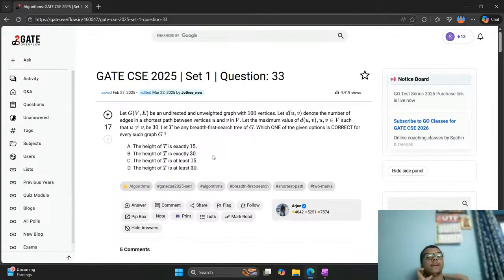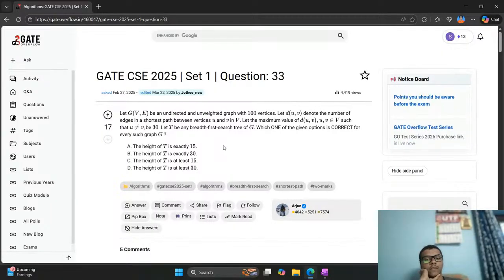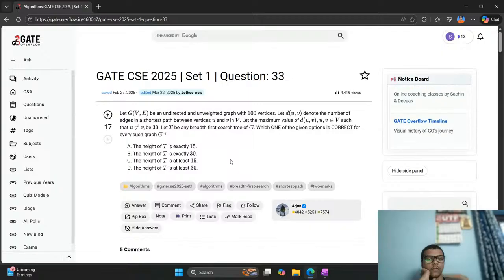Okay, undirected weighted graph with 100 vertices. Number of edges and the shortest path between U and V. Maximum value, U is not equal to V, is 30. Okay, let T be any breadth first search.